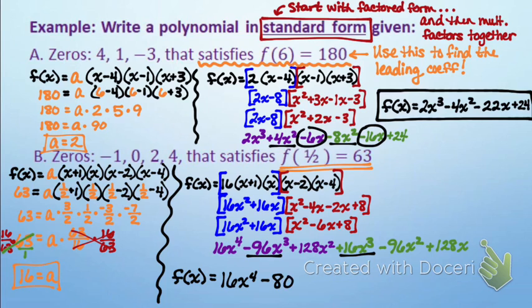Minus 80x cubed. What about my x squareds? 34. I think it's 32. Yeah, 32x squared plus 128x.